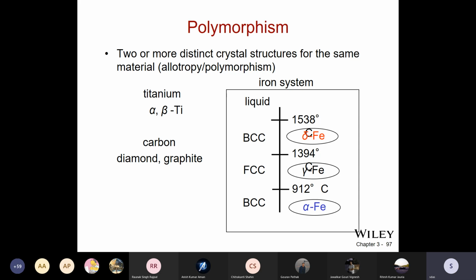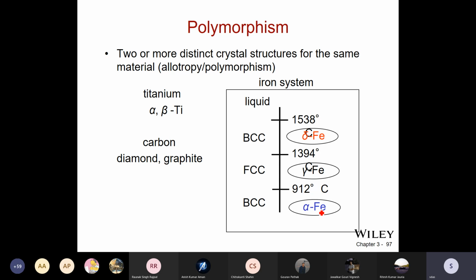So in iron, you have allotropy. For a pure element, we call it allotropy. For a compound, we call it polymorphism. From 0 Kelvin up to 912 degrees Celsius, we have alpha iron, which is body-centered cubic.